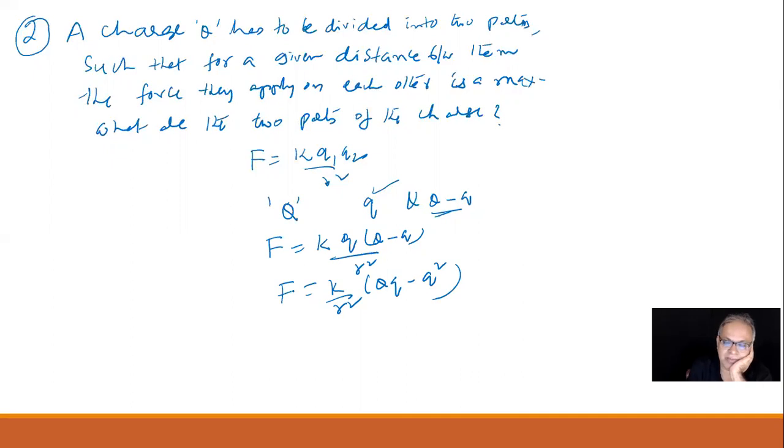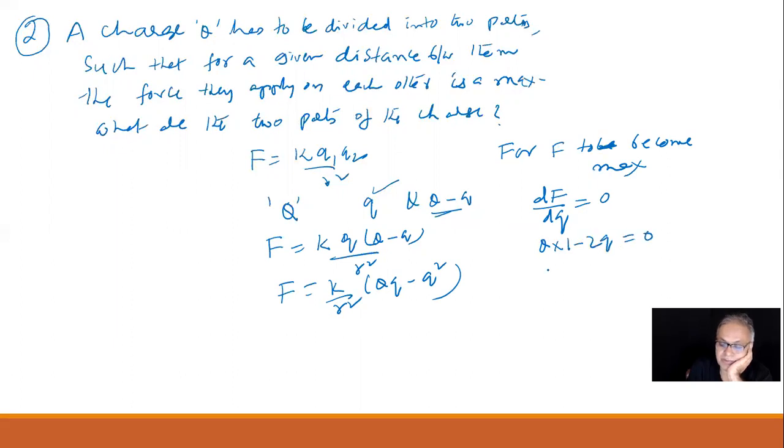So for F to become maximum, dF by dq is equal to 0. So K by R square will be as it is, Q into 1 minus 2q is equal to 0.